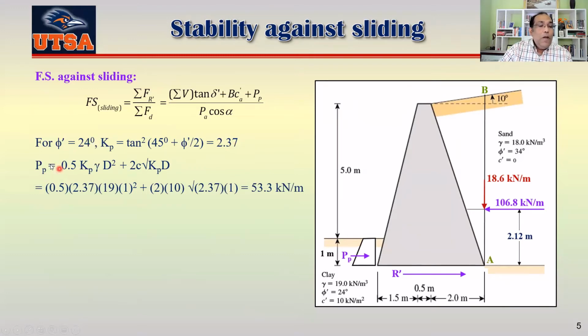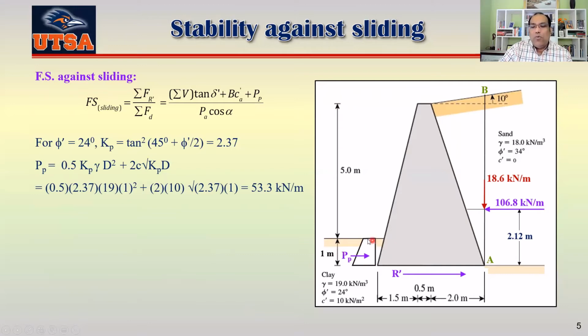And if you plug these values in this equation, you get your Pp, which is basically 53.3 kilonewton per meter length of the wall. So that's 53.3. Now, in many cases, when you design, you can ignore that Pp. Why?